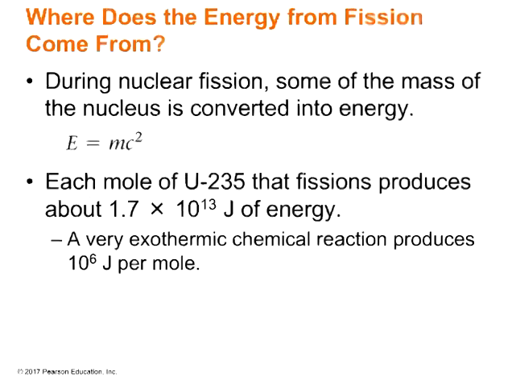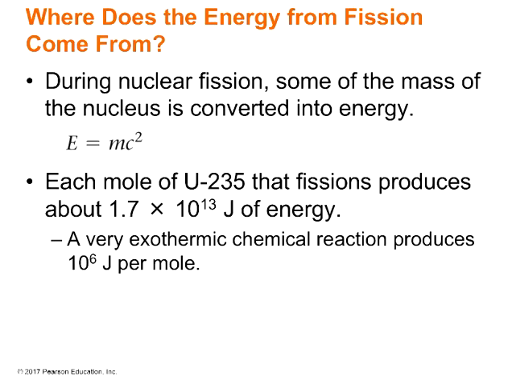We also talked about, for instance, ionic crystals, what happens when they form bonds, or when they break apart, etc. So it's a similar concept here. During nuclear fission, some of the mass of the nucleus is converted into energy. And from Einstein's famous equation, E equals mc squared, energy is equal to the mass times the speed of light squared.